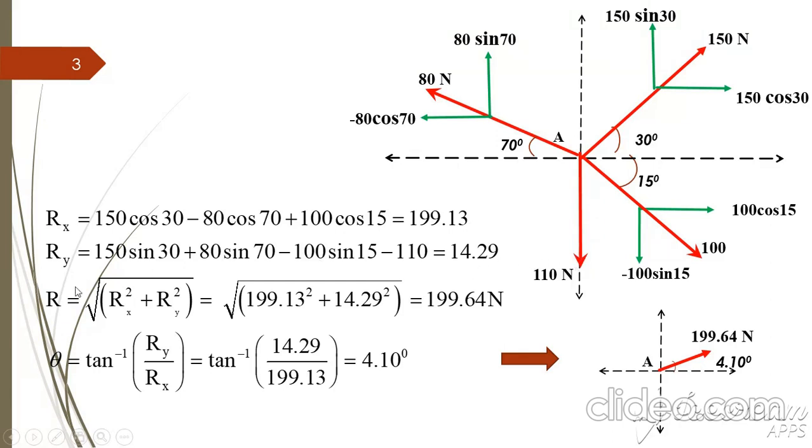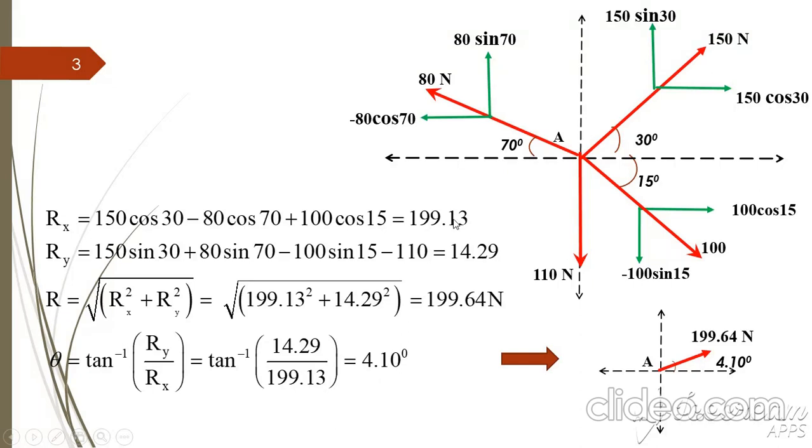Therefore, substituting the values of Rx and Ry, 199.13 and 14.29, the resultant R equals 199.64 Newton. Similarly, theta equals tan inverse of Ry by Rx, that is tan inverse of 14.29 by 199.13, so theta we get 4.10 degrees.